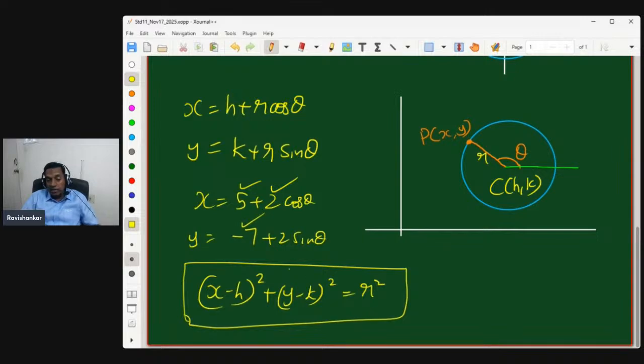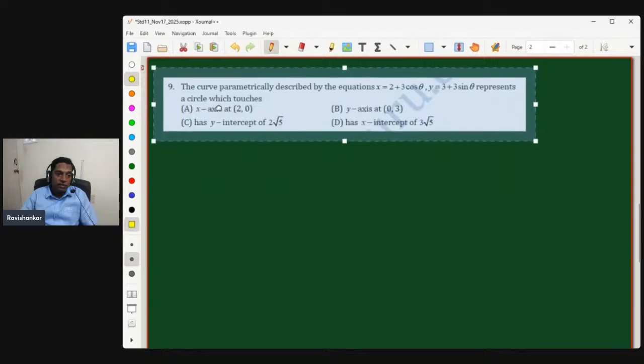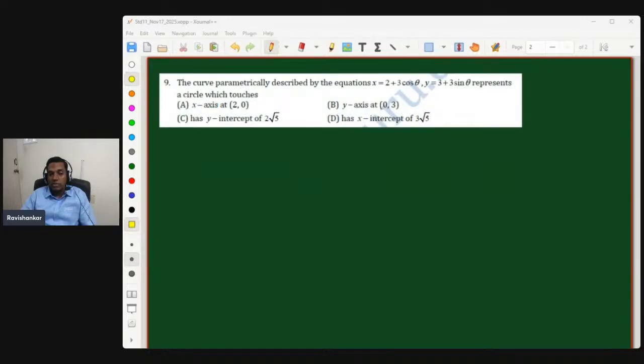So the idea is, given the equation of a circle, you can go to parametric form, and given the parametric form, you can go to the equation of the circle. That is the idea. So please go ahead and do question 9, which is a direct application of this idea. Please go and solve question 9.